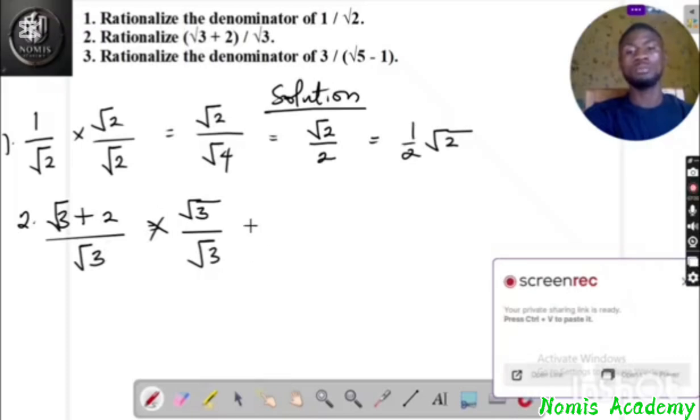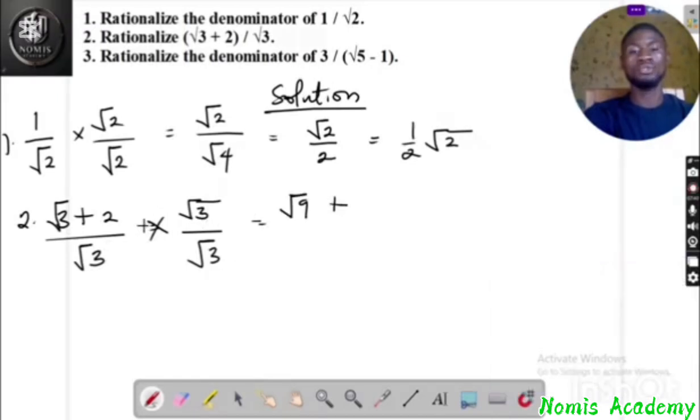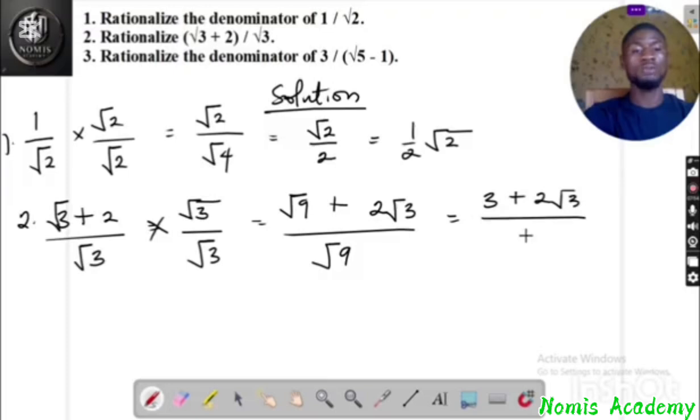Just open this bracket by saying root 3 multiplied by root 3 is root 9, plus root 3 multiplied by 2 will be 2 root 3, all over root 3 multiplied by root 3, which is root 9. So root 9 is 3, plus 2 root 3, all over 3.